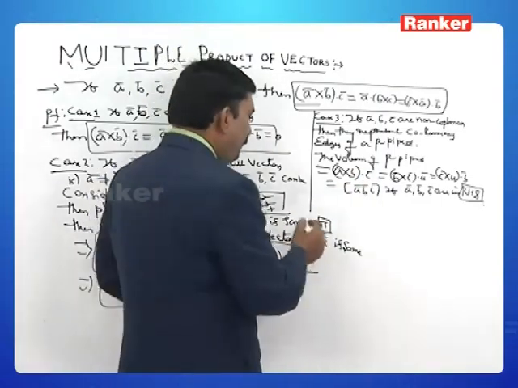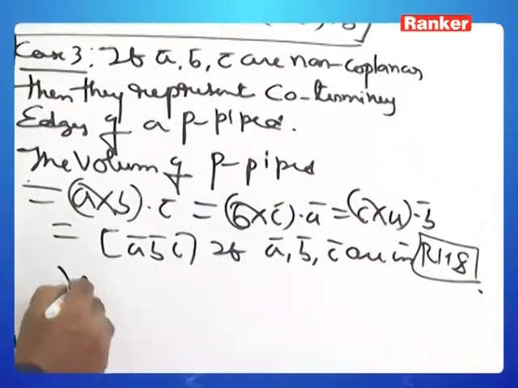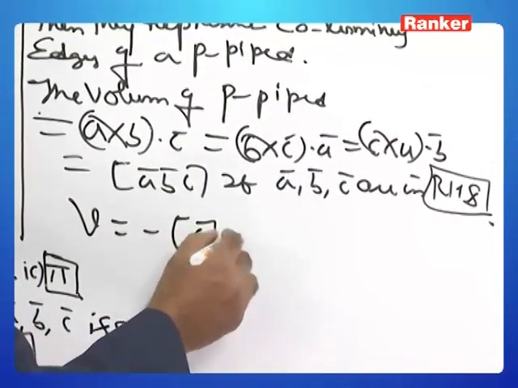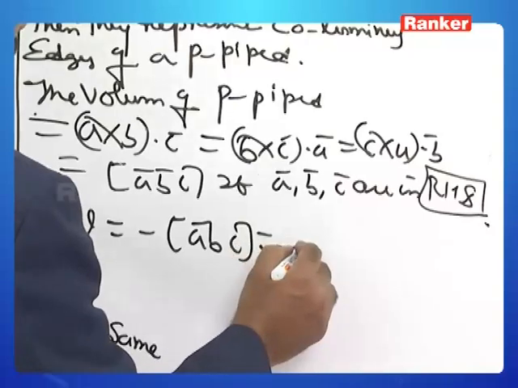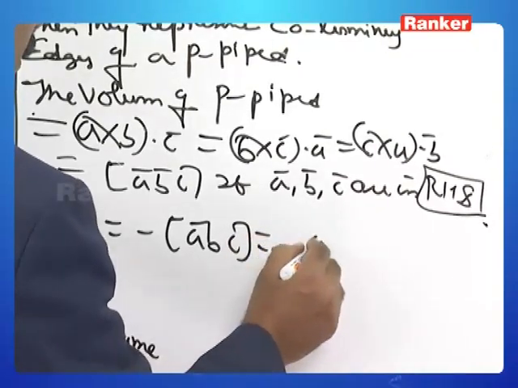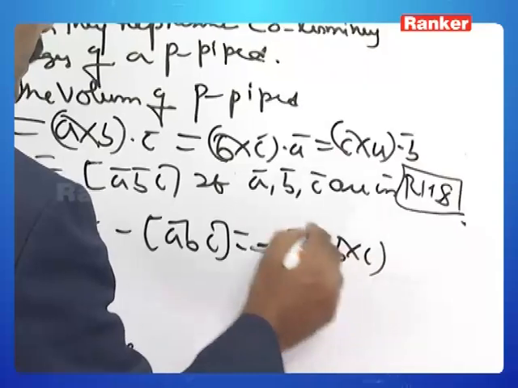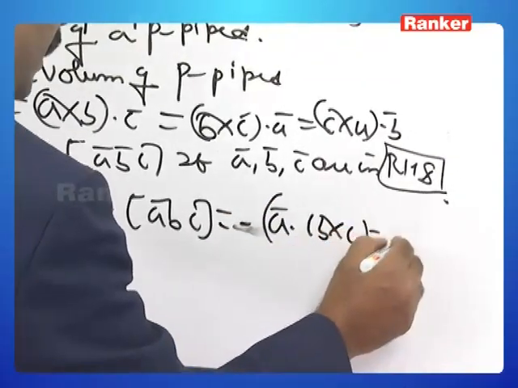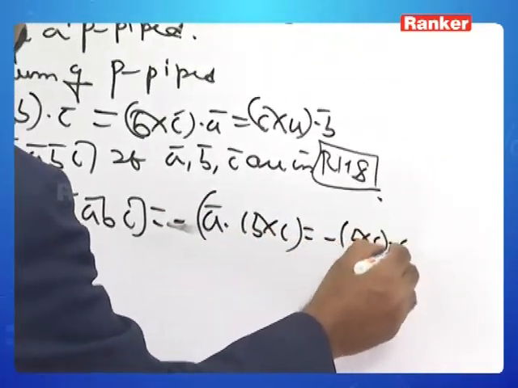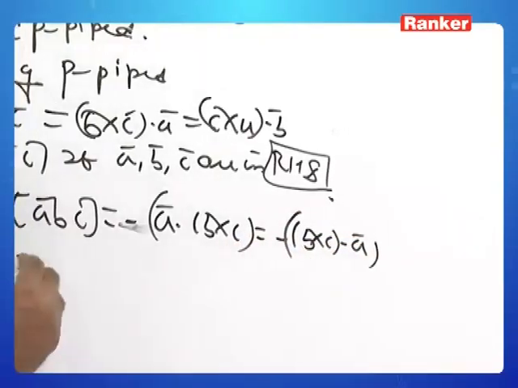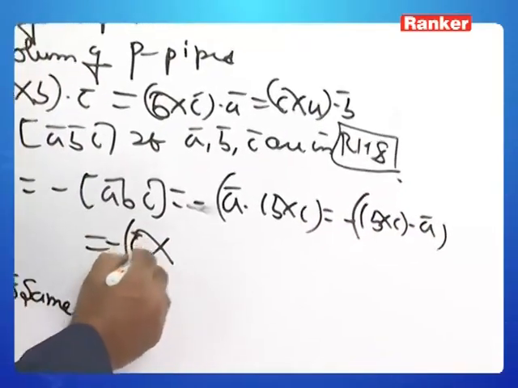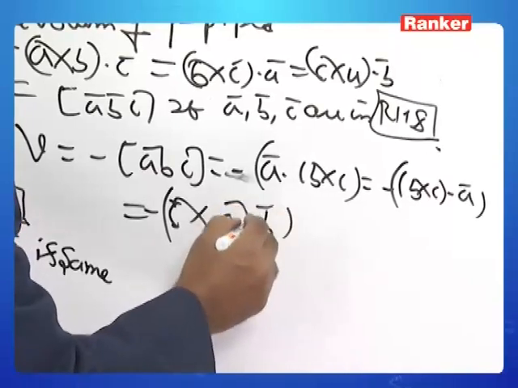Now look here, I can write volume V is equal to minus box of ABC. That is equal to minus A bar dot B cross C, or minus B bar cross C bar dot A bar, or minus C cross A dot B bar, right?